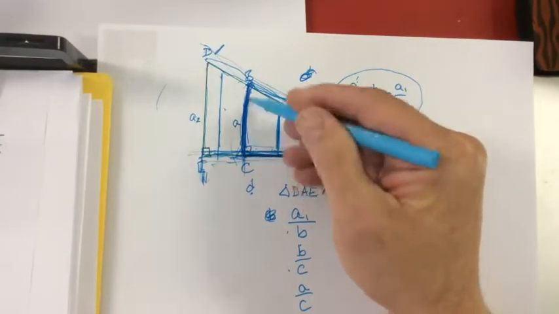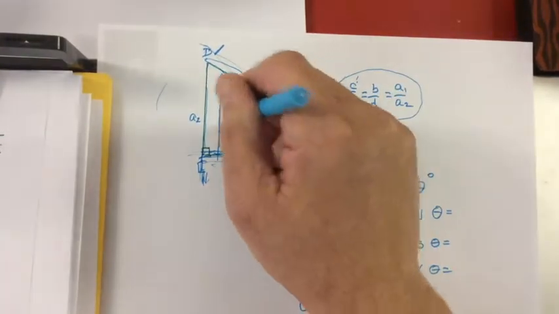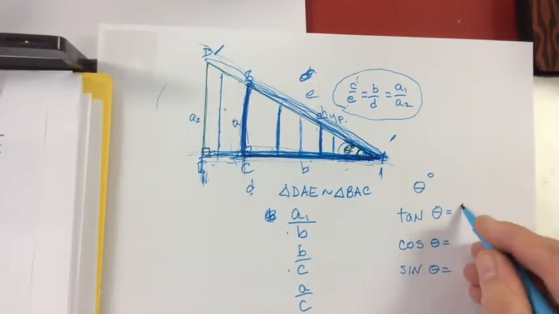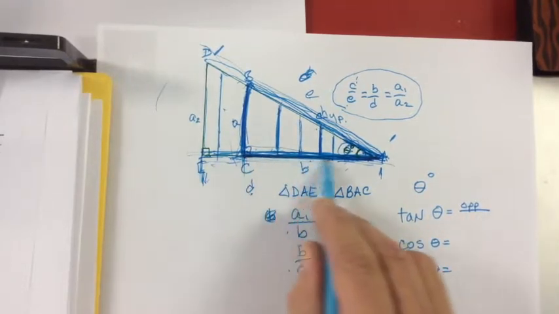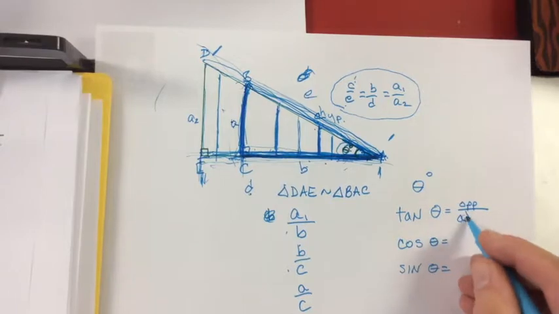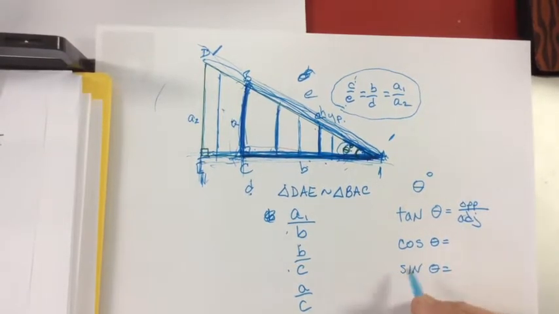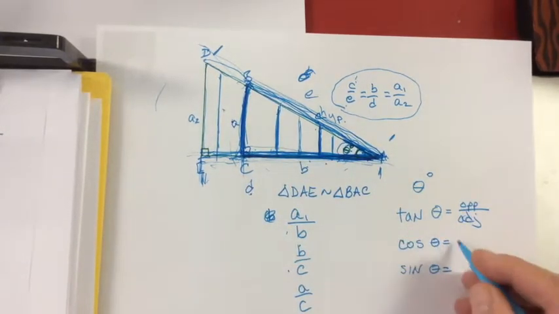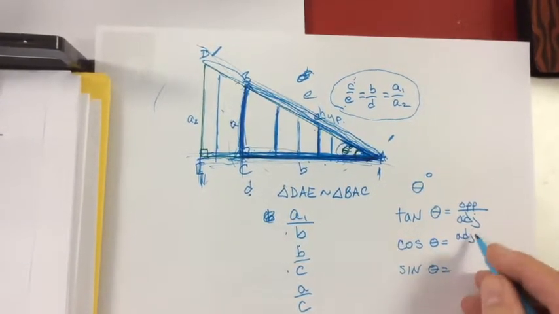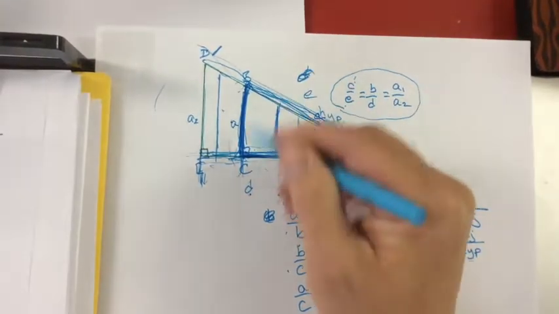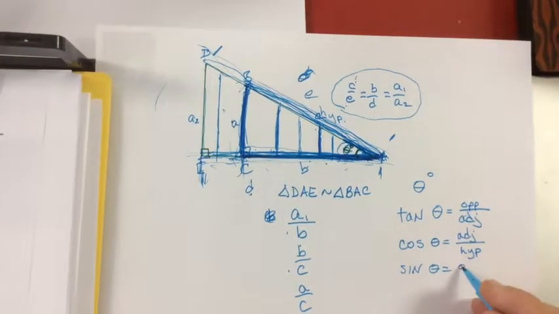This one right here is opposite the angle that we're talking about. So we're going to call that the opposite side. This is the side that's right next to the angle we're talking about. We're going to call that the adjacent side. Okay. Again, the adjacent side over the hypotenuse. And then the opposite side over the hypotenuse.